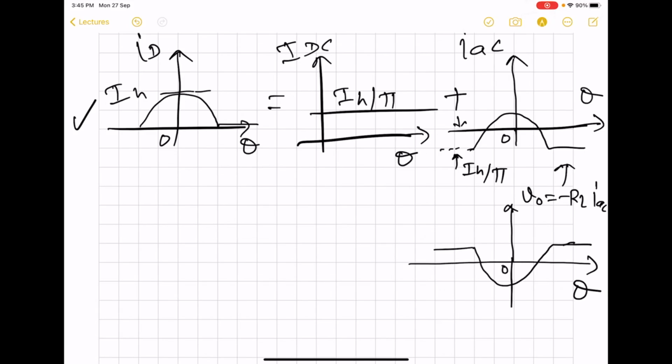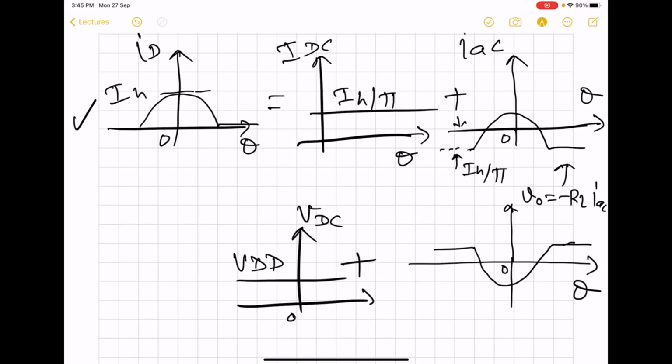Here. And this output waveform will then get added with the DC, which is equal to VDD. That will give rise to finally the drain voltage.